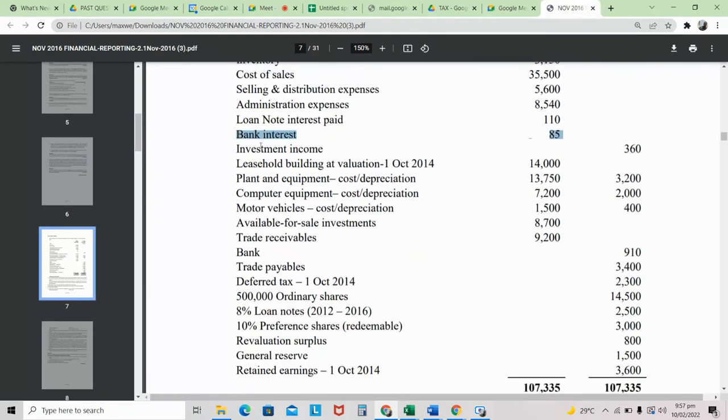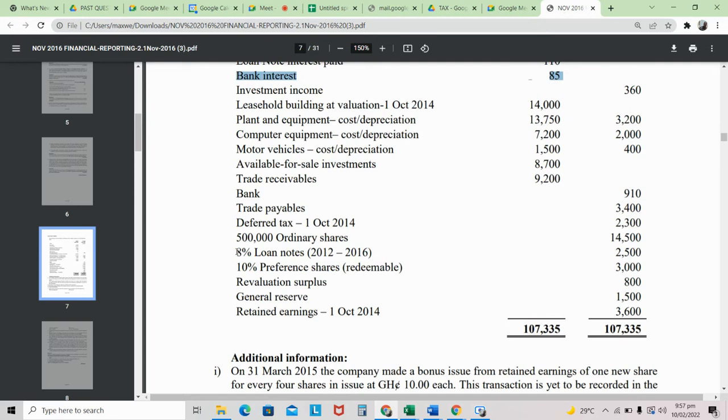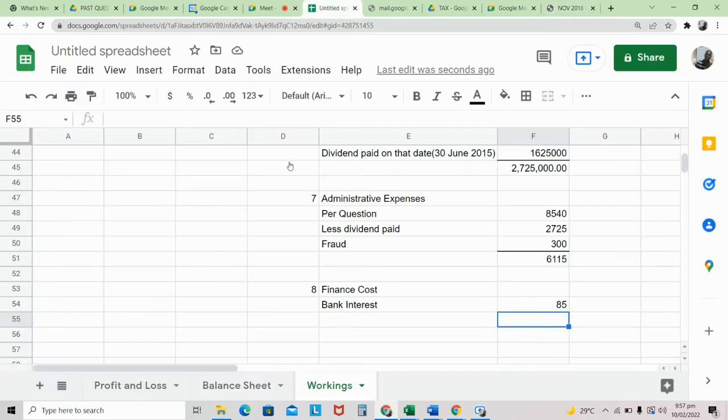We have another interest. Okay, all these are not interests. We have 8% loan notes. So you have to pay interest on this loan. The company has loan notes and it's 8% interest. So we have to add it here.